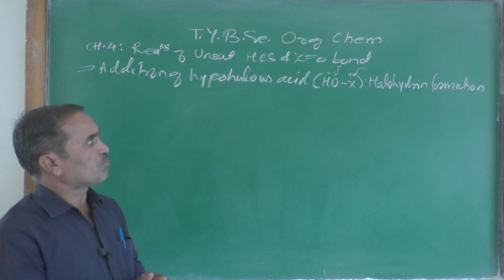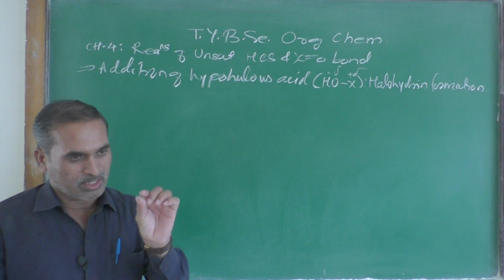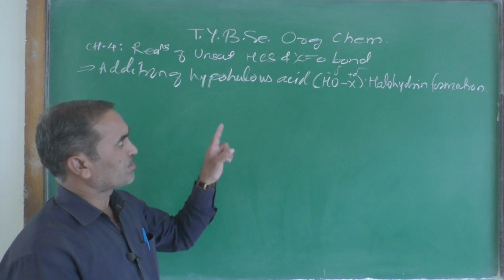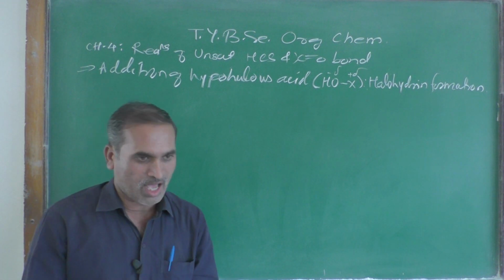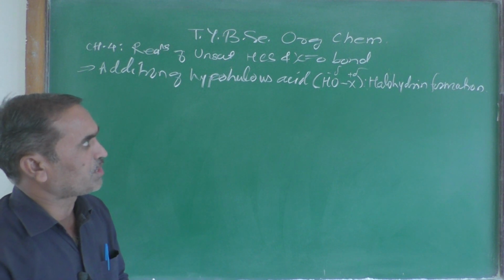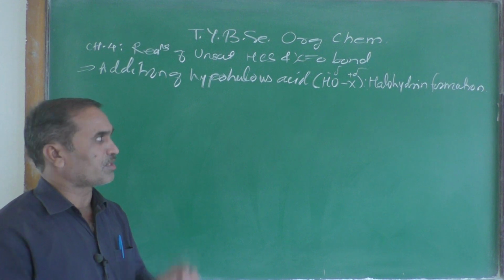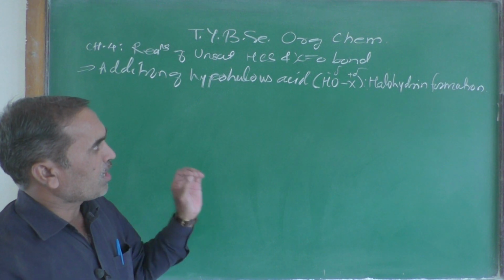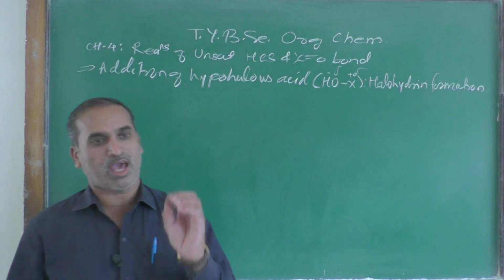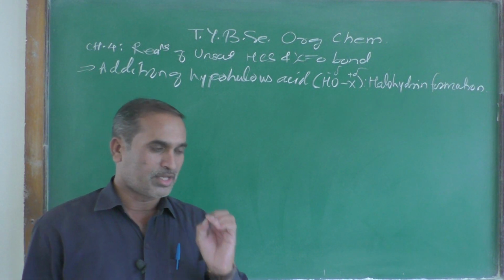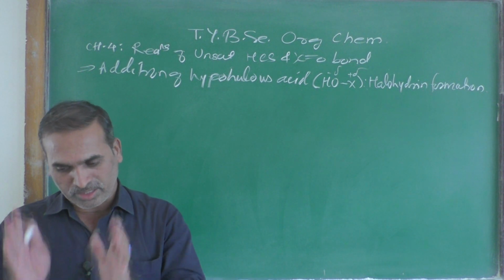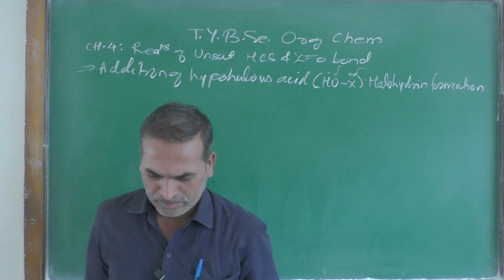When they form HOX, HO gets a partial negative delta charge, whereas X, the halogen, always gets the partial positive charge, and this reaction is known as halohydrin formation. Halohydrin is a derivative obtained when it is treated with the alkene.